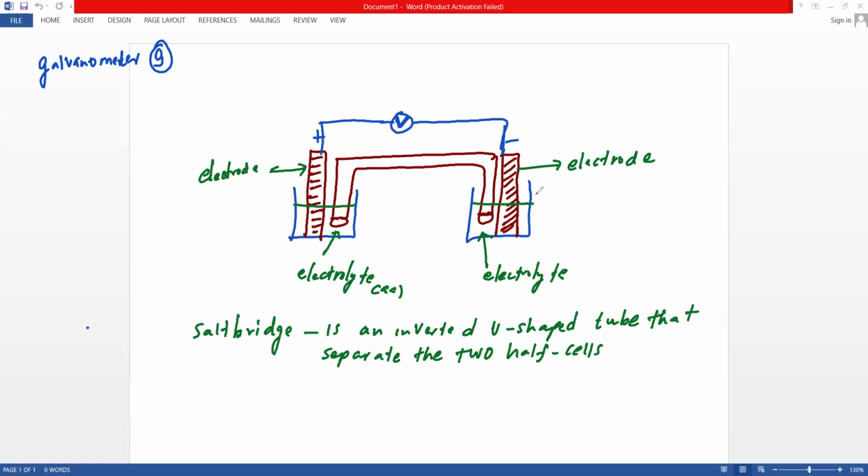Remember, this is a half cell, and this is also a half cell. This U-shaped tube is called a salt bridge.